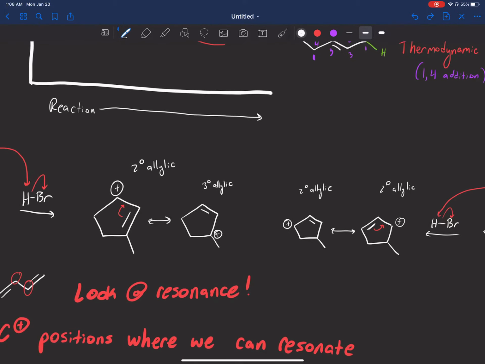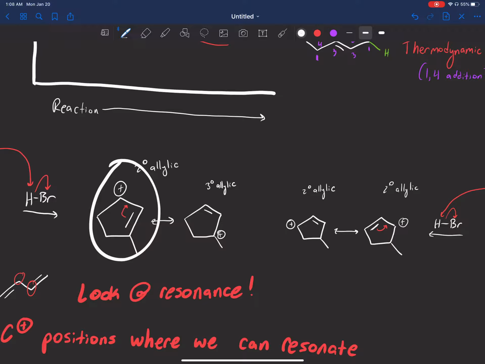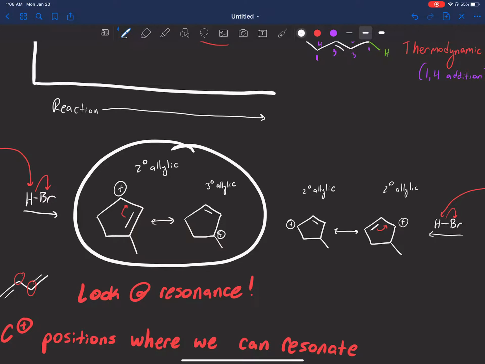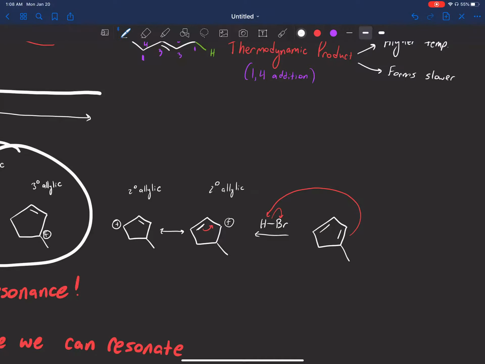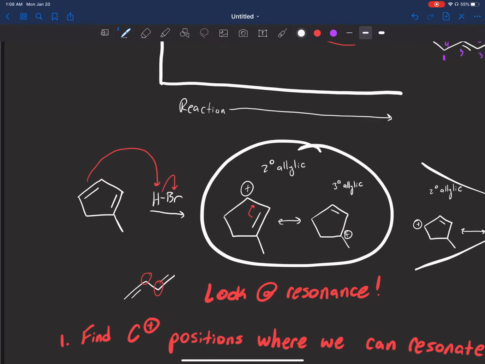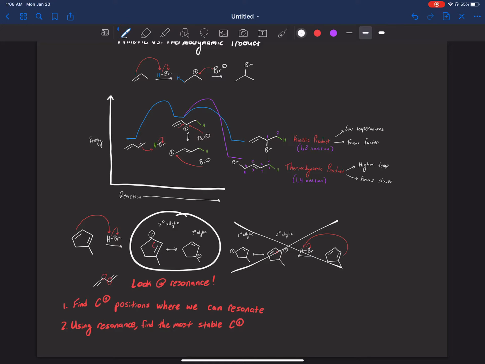So we found that putting the carbocation here is the best position. Sometimes you'll get lucky and you're already at the most stable position, but always look at resonance to confirm. So we're now going to look at only these pathways. Once we figure this out, you can cross everything else out. I'm actually just going to erase these rules here. You guys can always go back.